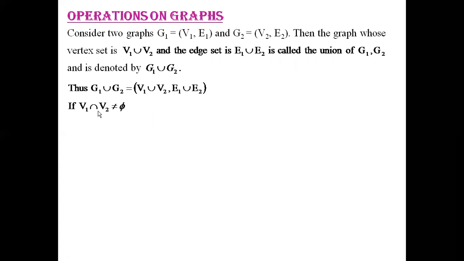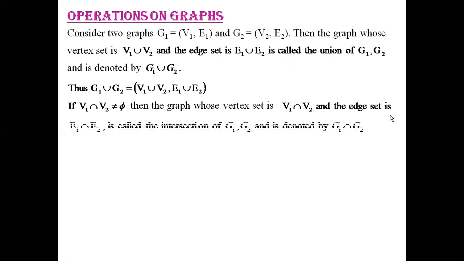If V1 intersection V2 is not equal to a null set, then the graph whose vertex set is V1 intersection V2 and the edge set is E1 intersection E2 is called the intersection of G1 and G2, usually denoted by G1 intersection G2.